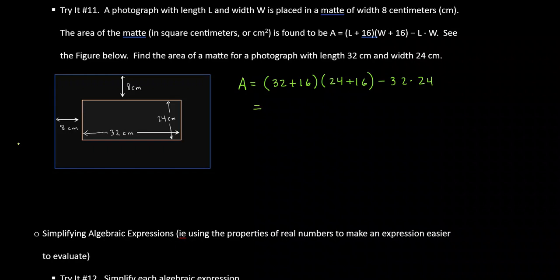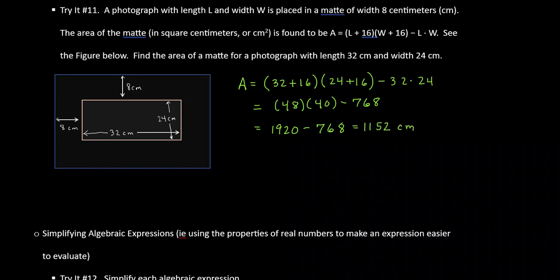Multiply this out, or add first. 32 plus 16 gives you 48 times 40 minus 768 equals 1920 minus 768 equals 1152. And this was in centimeters, so when you're doing area, it's centimeters squared.